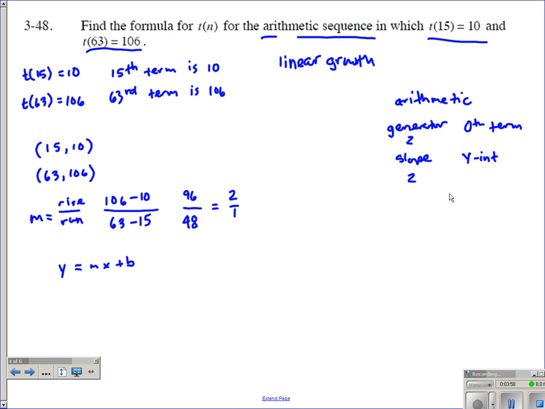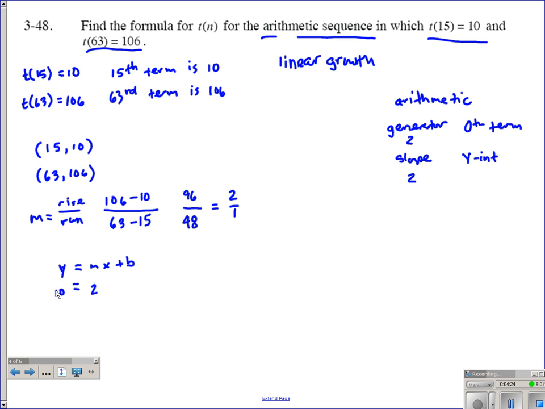We know that the generator and the slope are the same thing, so we could put in 2 for our m, and then we need an input and an output in order to solve for our y-intercept, or our 0th term. So let's plug in one of the 2 points. You can use 15, 10 or 63, 106. I would use 15, 10 because the number is a little bit smaller, might be just a little less complicated when you're working through some of the numbers.